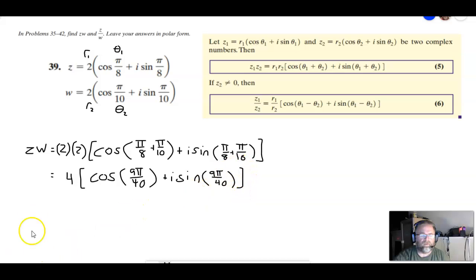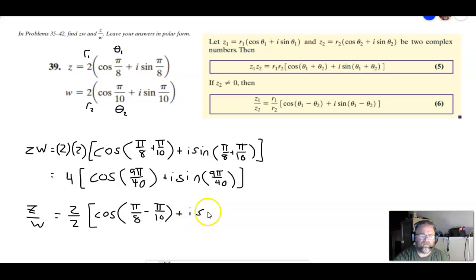Now for the second part, Z over W, using our same formula, that's just going to be R1, which is 2, over R2, which is 2, times the cosine of pi over 8 minus pi over 10, plus I sine of pi over 8 minus pi over 10.